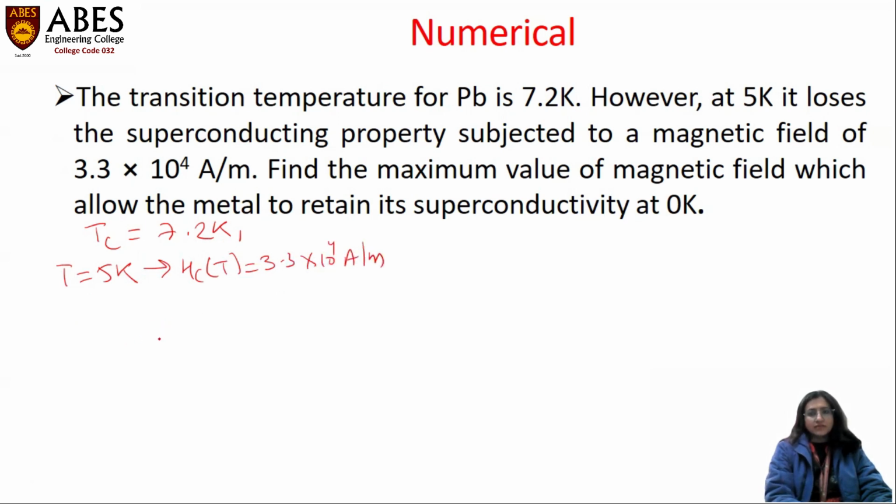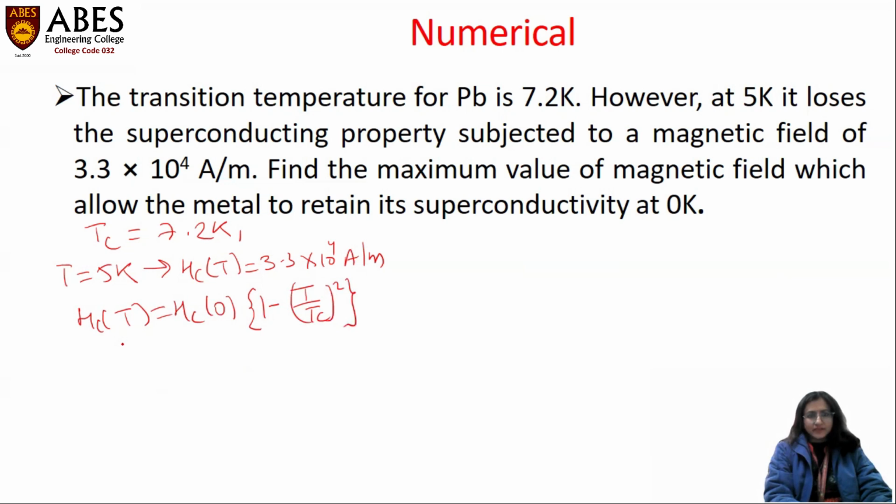Find the maximum value of magnetic field which allows the metal to retain its superconductivity at 0 Kelvin. The maximum value of magnetic field is actually the magnetic field at 0 Kelvin. So again we write the standard formula first: HCT = HC0 (1 − T/TC)².